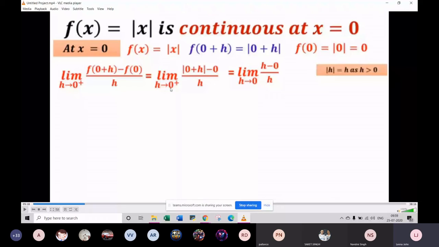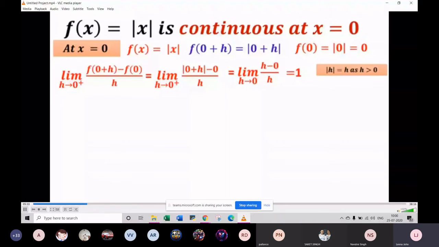When h is greater than 0, what is modulus of h? It is h itself, because you have already learned that the modulus function has two values: mod h equal to h when h is greater than 0, and mod h equal to minus h when h is less than 0. So on simplification, h gets cancelled and you will get the value as 1. h and h can be cancelled because h is never equal to 0. So that is equal to 1.